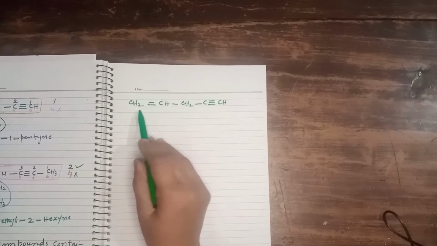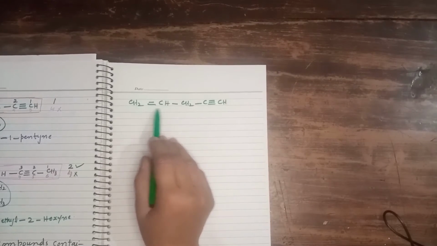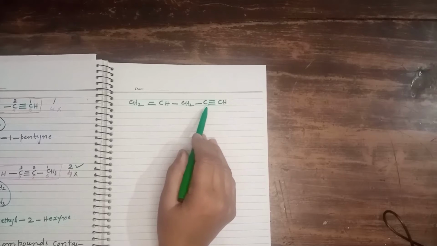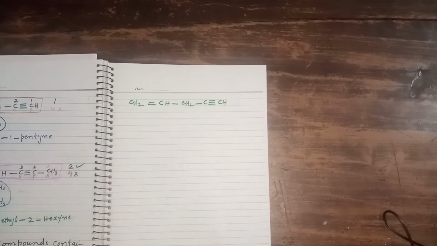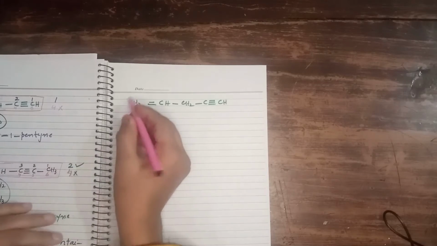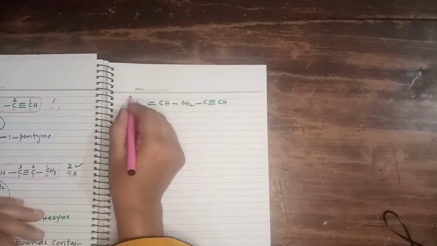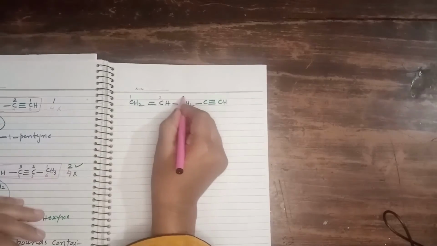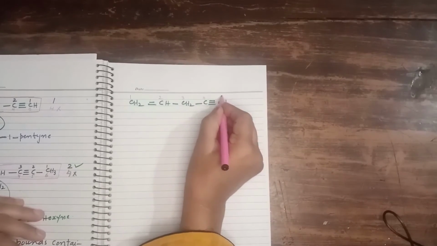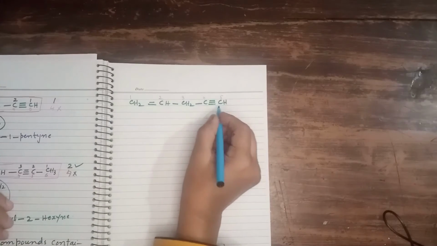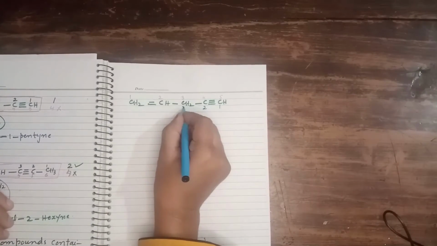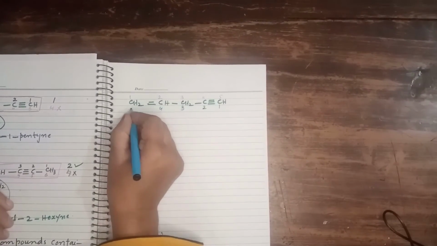Now when we find the parent chain, in the next step we will do the numbering of the parent chain. Okay students, now start the numbering. If we do the numbering from left side, 1 2 3 4 5, and from right hand side, 1 2 3 4 5.